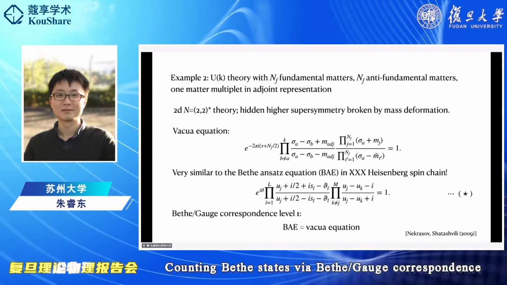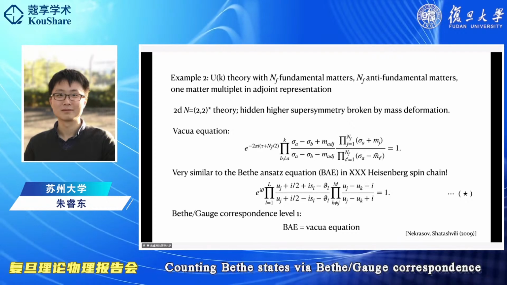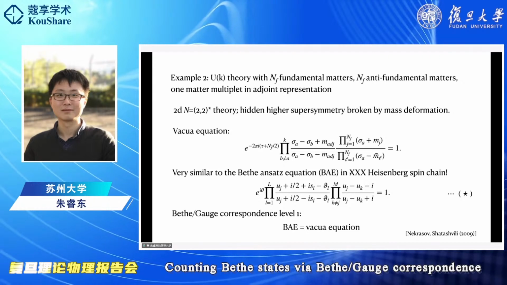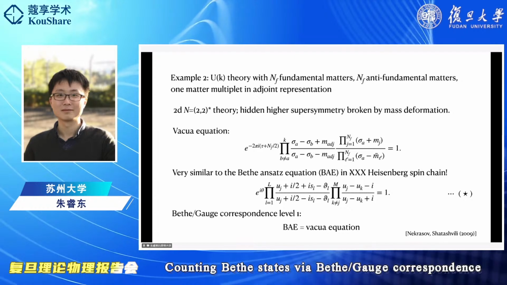The higher symmetry is N=(4,4). But because we are adding masses to the system, it's explicitly broken. Yes.